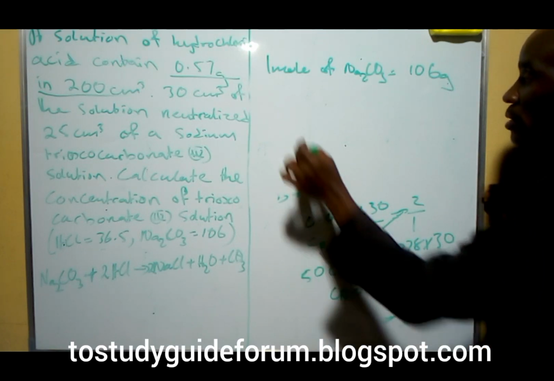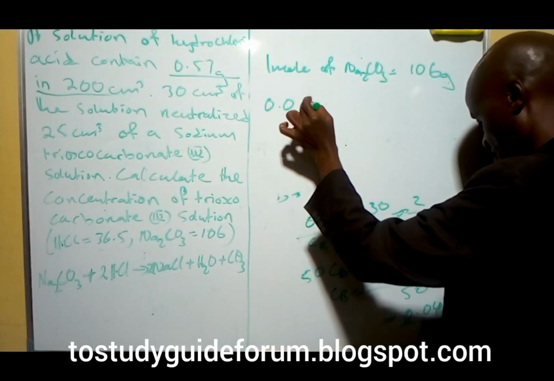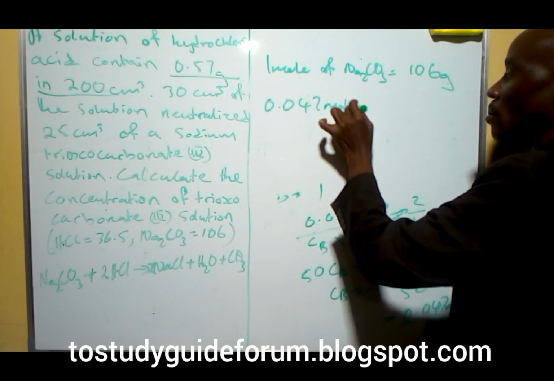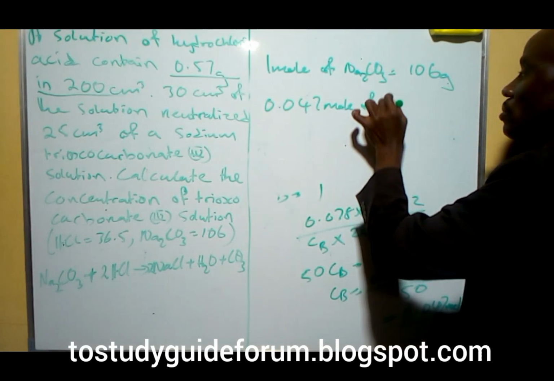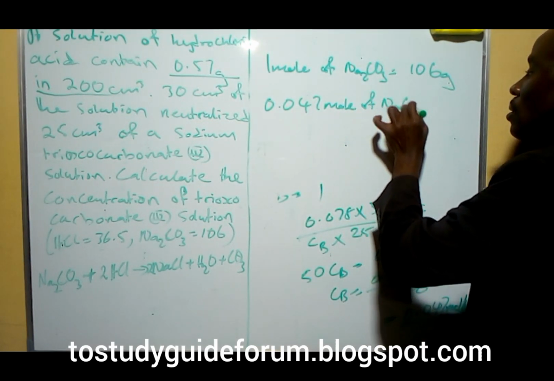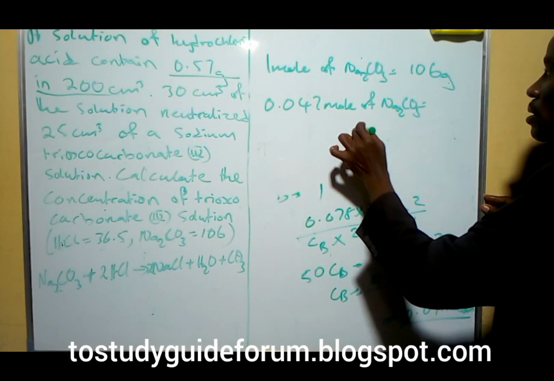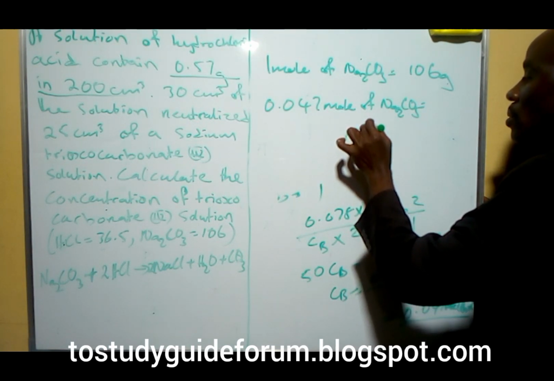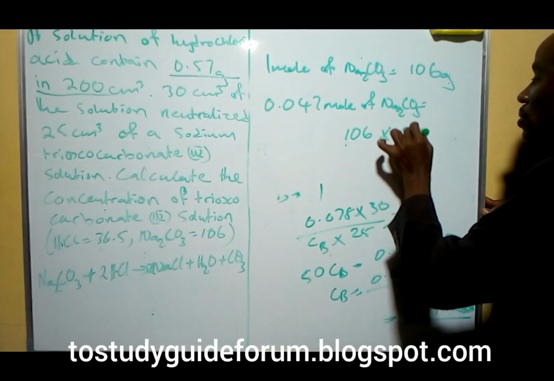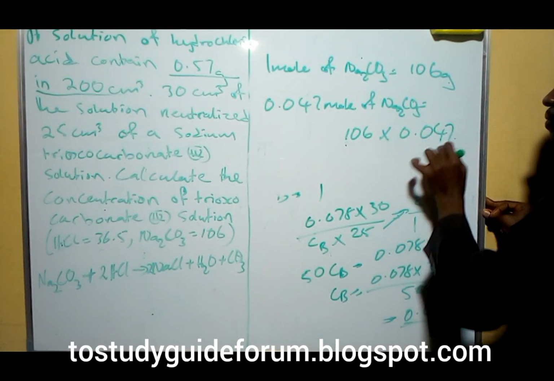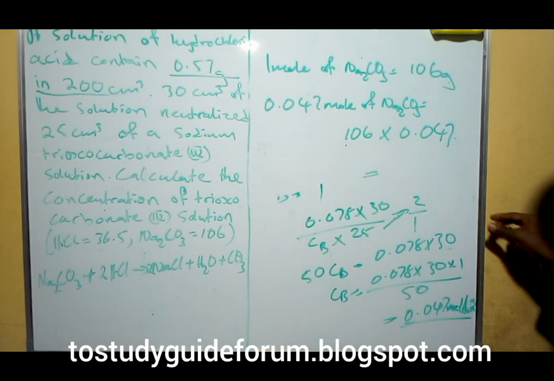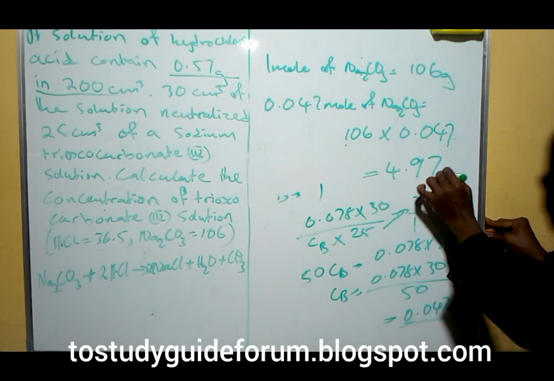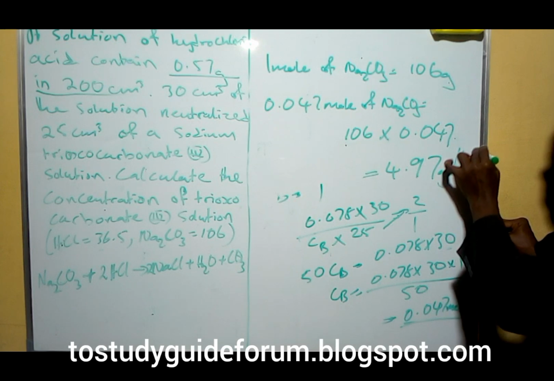Then 0.047 mole of sodium trioxocarbonate will contain 106 times 0.047, which gives us 4.97 gram per dm cube.